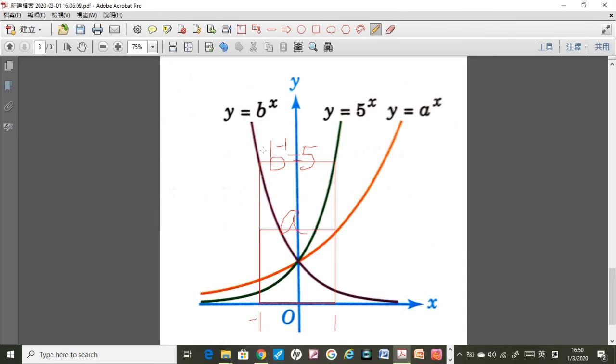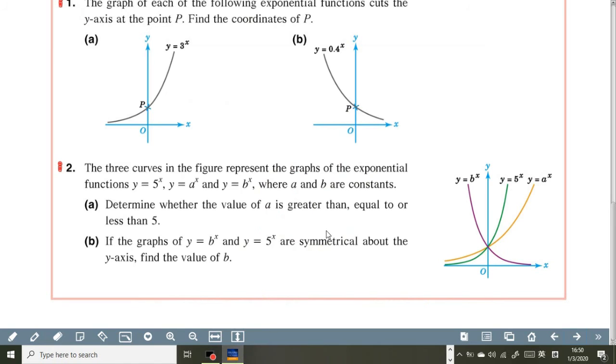According to the formula, b is just equal to 1 over 5. So going back to your function, for part A, a is less than 5. For part B, b is just 1 over 5.